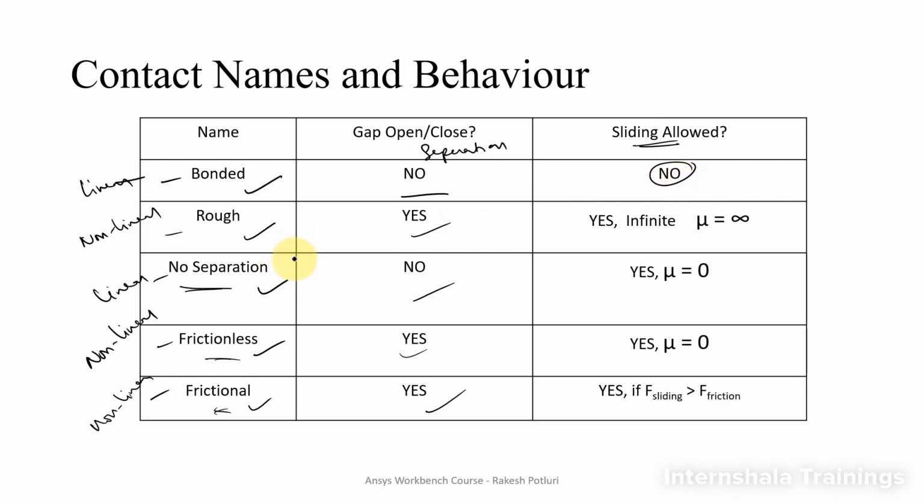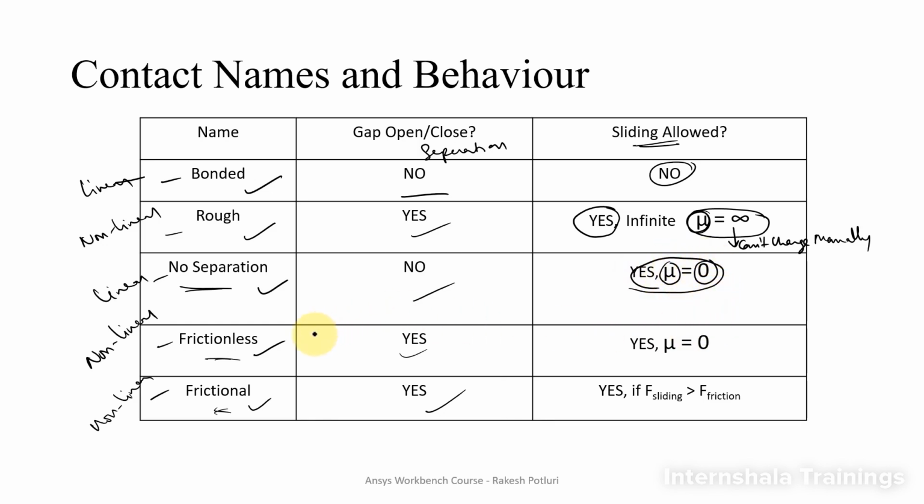In rough, sliding is not possible because of the presence of a very high coefficient of friction, which you can't change manually. So obviously we can estimate that sliding can't happen. Then coming to no separation, sliding is allowed, but we take mu equal to 0.